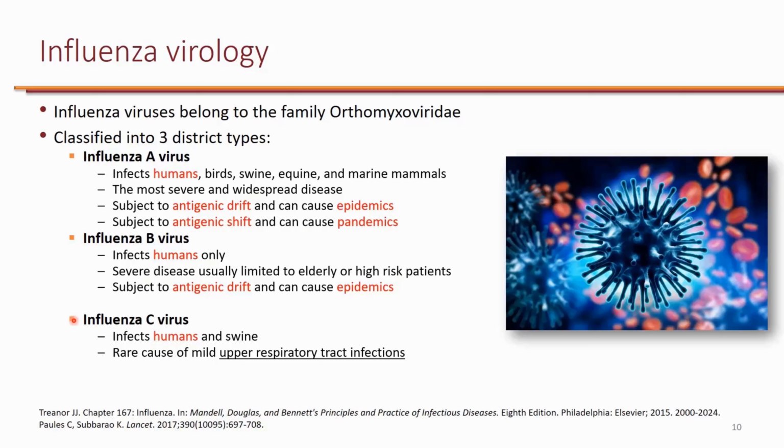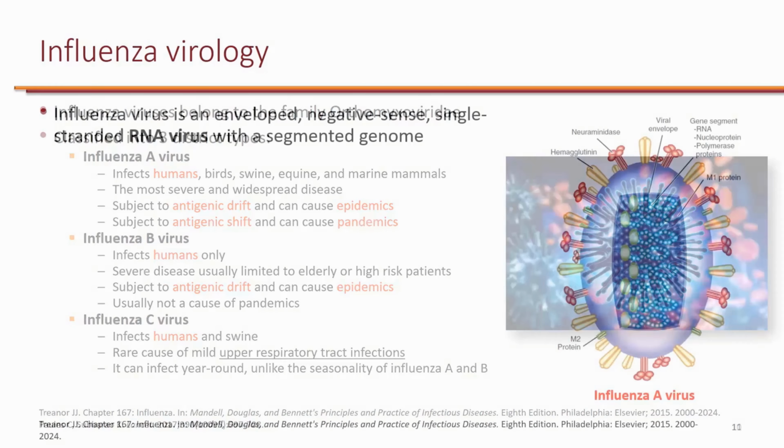With antigenic shift, the variation is so much that actually a new strain of the virus is introduced, which can cause global pandemics. And this typically does not happen with influenza B. And of course, influenza C can infect year-round, unlike the seasonality of influenza A and B.